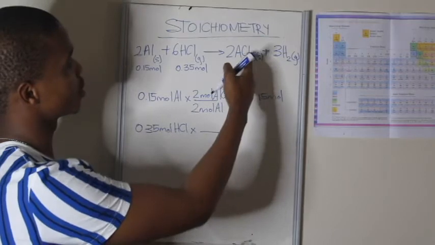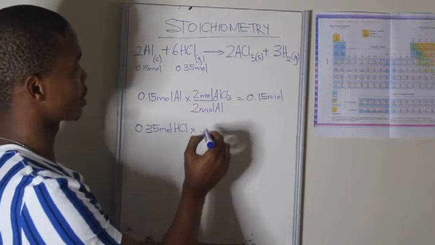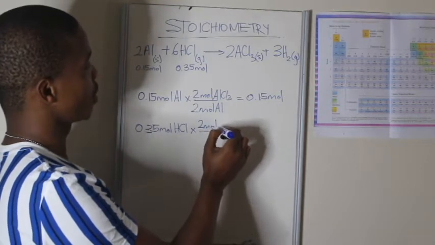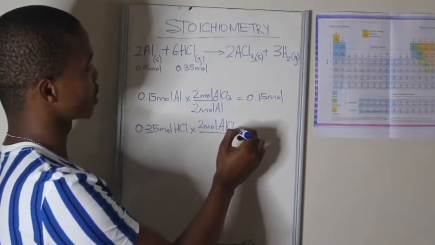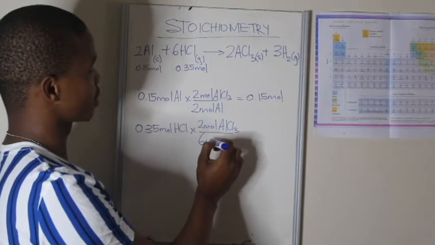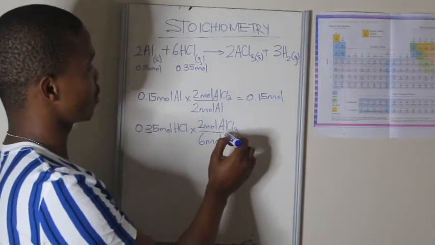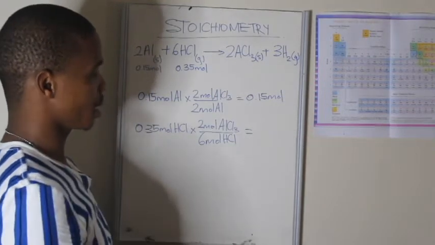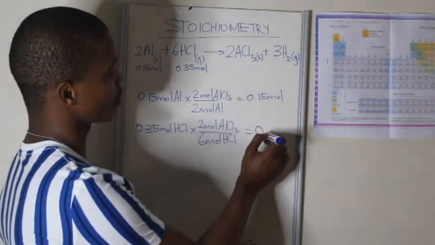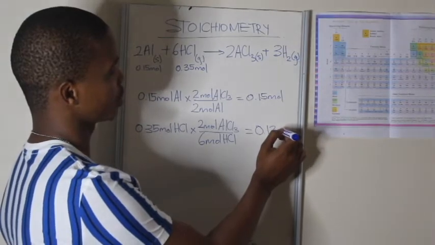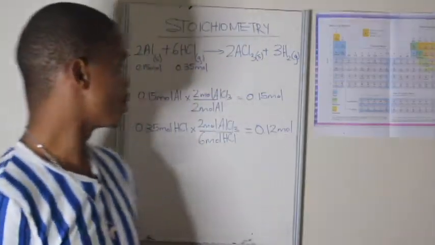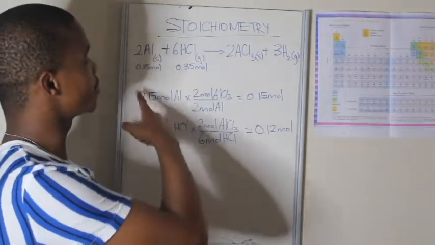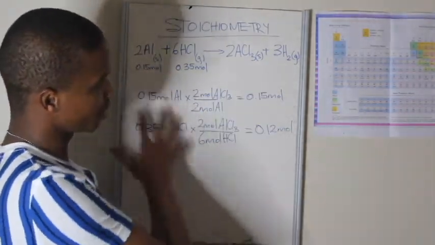You relate it to aluminium chloride, which is 2 moles of aluminium chloride is 6 moles of HCl. Then what do you get there? 0.12 mole.